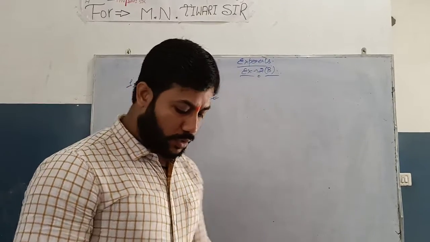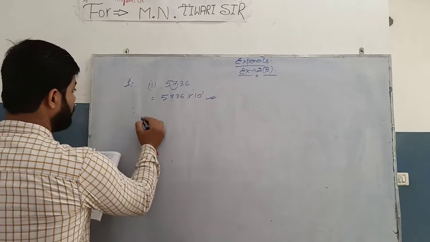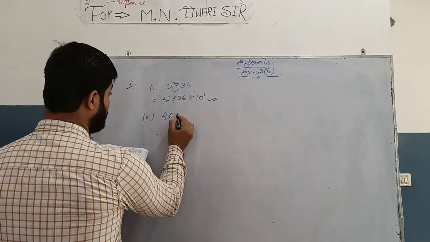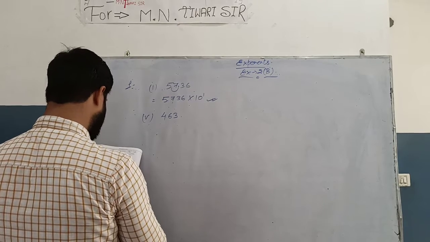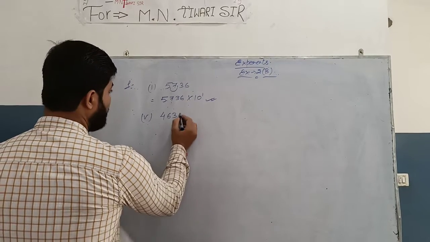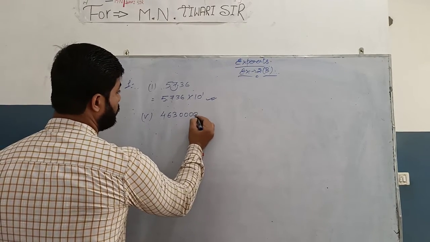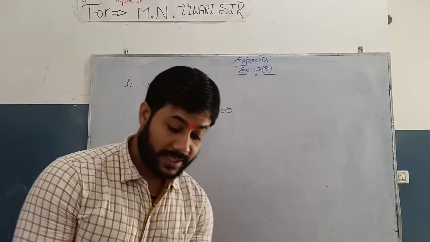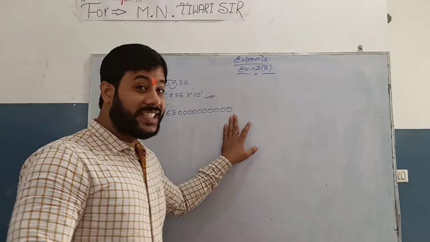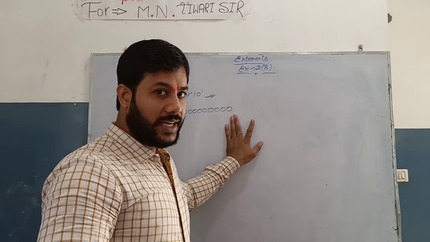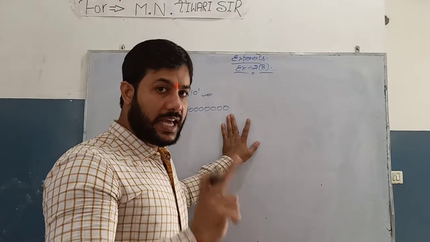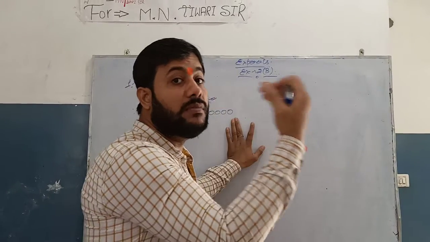We will take one more question from it. Question number 5, 463 followed by 10 zeros. Now here we do not see any decimal, but keep in mind each and every number has a decimal at the extreme right.